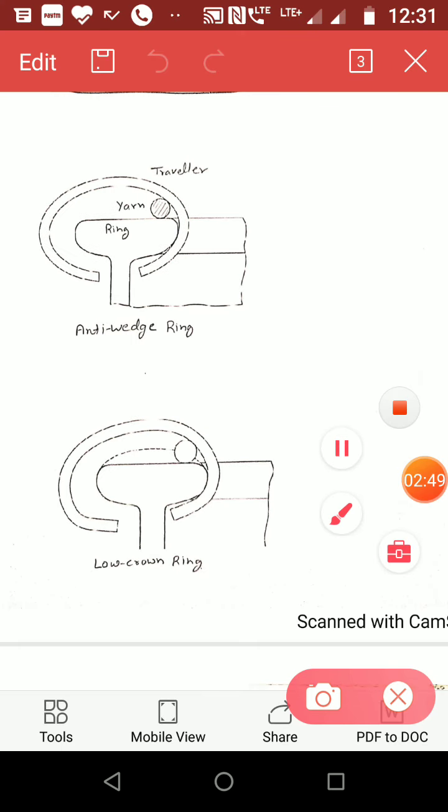Now different types of rings are, the first one is anti-wedge ring. This was the first high performance ring. It exhibits an enlarged flange inner side as shown in this diagram and is markedly flattened on the upper surface.